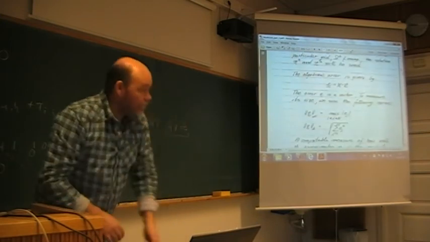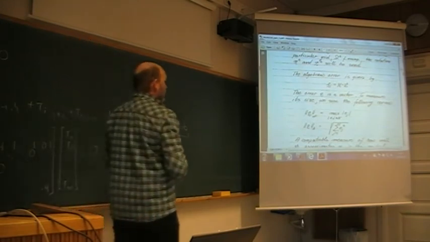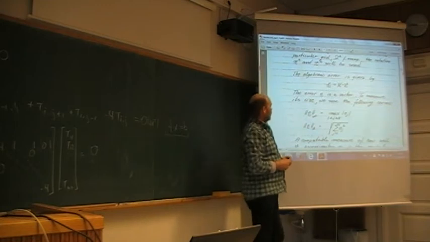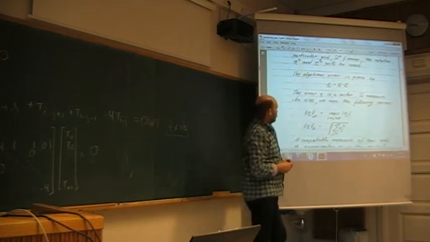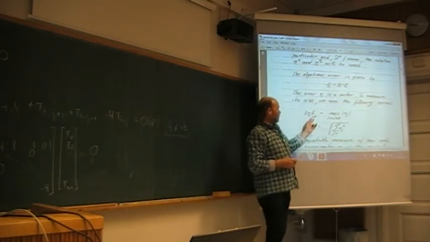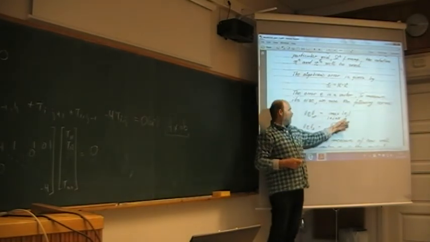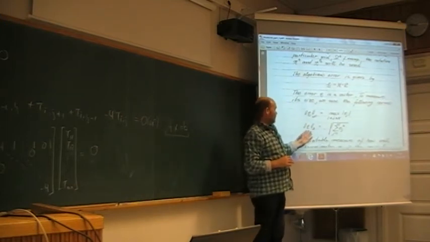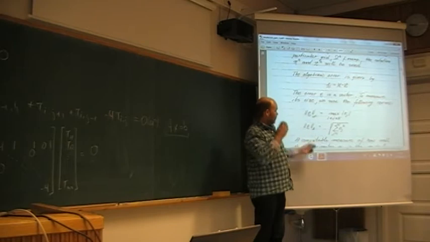Defining the error. That's the difference between U and V, and of course we want this error to be as small as possible. To give a size for it, we use these two norms here. The infinity norm, just finding the biggest one of all the errors, absolute value. The 2-norm is more used.